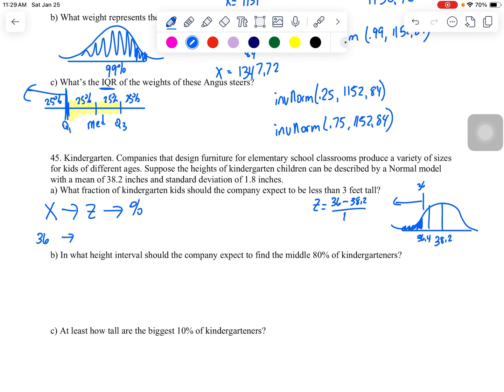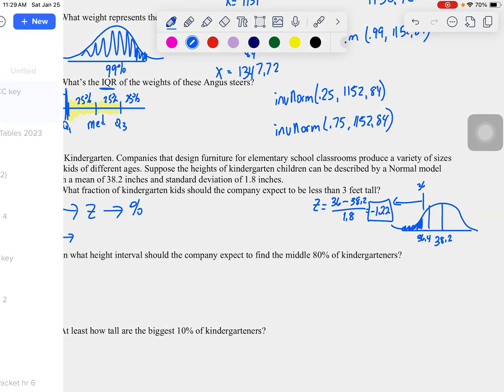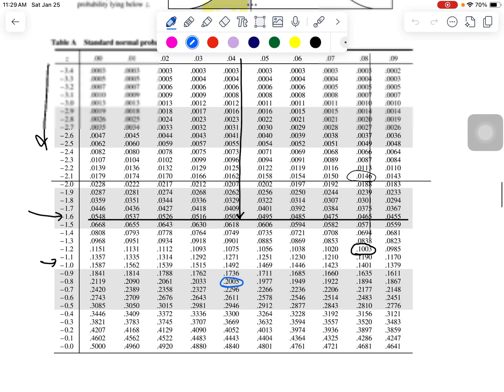Okay, so this is where that chart comes in, negative 1.22. We have to look that up in a table. So again, we're going to highlight where we're going to go. Negative 1.2 is going to be right here. If I highlight this row, there's negative 1.2. The 2 is the other part of that, so we come down this column. And where they intersect is going to be the number that I want.